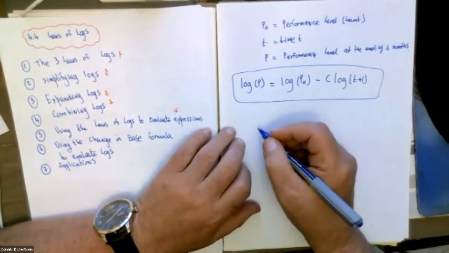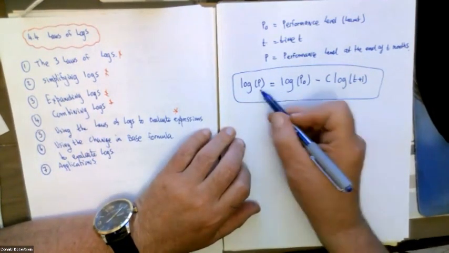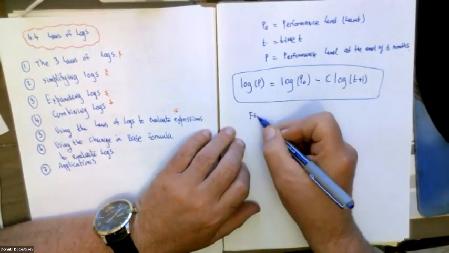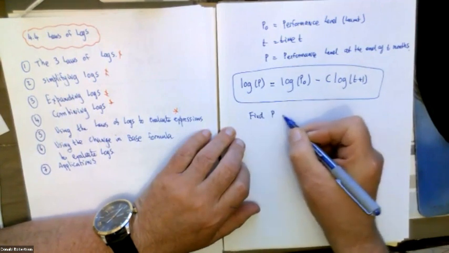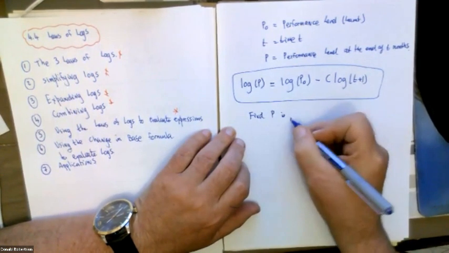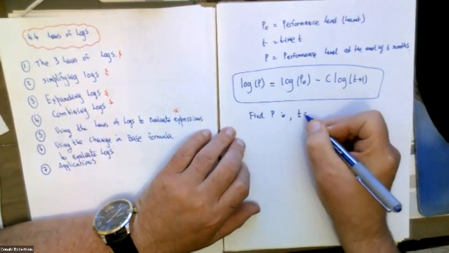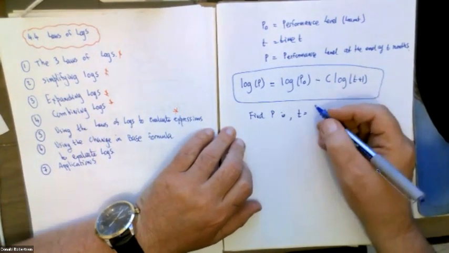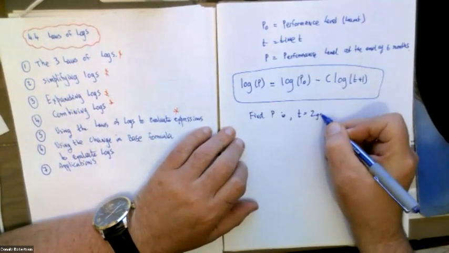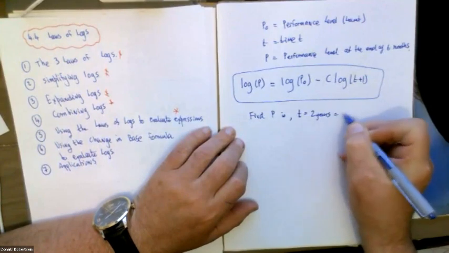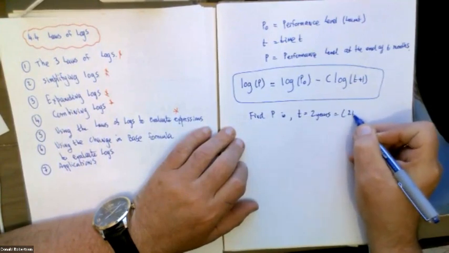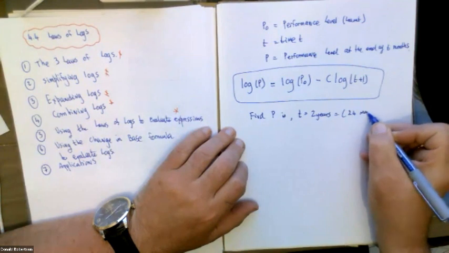Now, you're told in this story to try and find out what P is equal to. So we're trying to find what that performance level P is when t is 2 years. So that means 24 months.